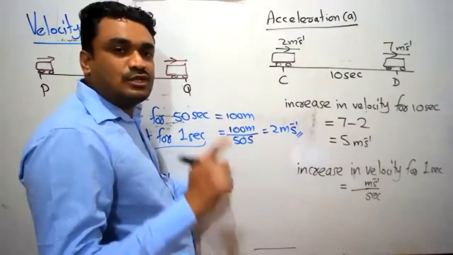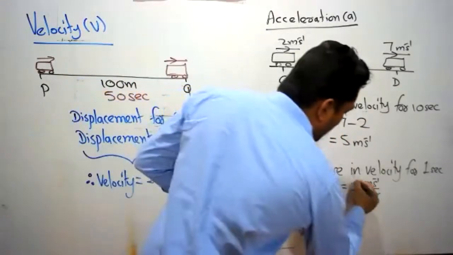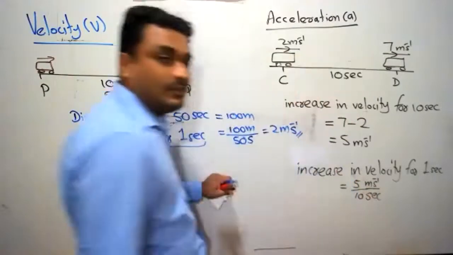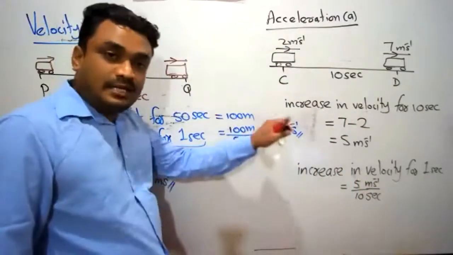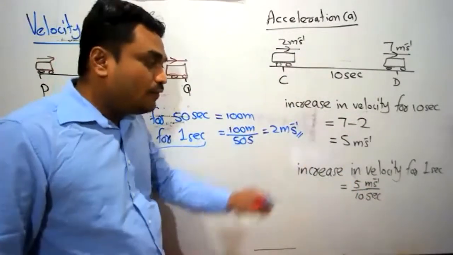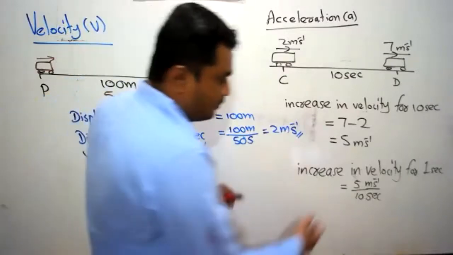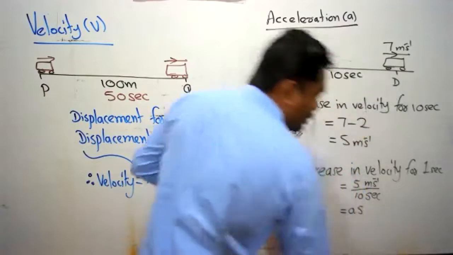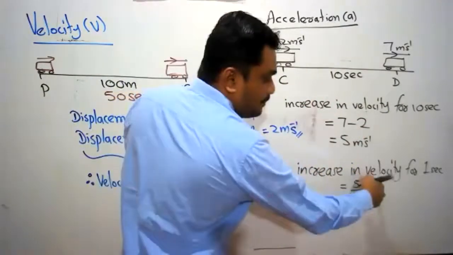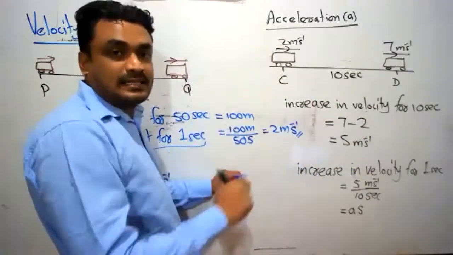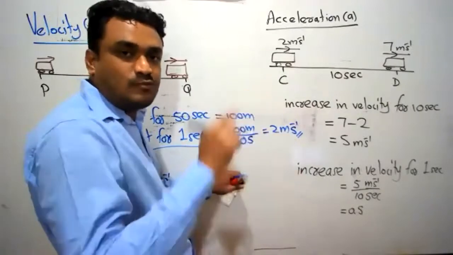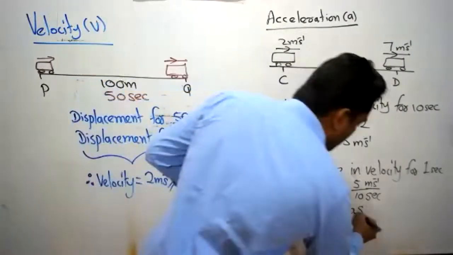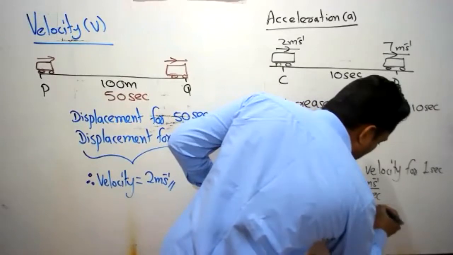Therefore, increase in velocity for 1 second is 5 divided by 10. The unit of 5 is meter per second. Unit of 10 is seconds. 5 divided by 10 is 0.5, unit meter per second divided by another second. So s minus 1 with s minus 1 will be s minus 2. So this is m s minus 2.